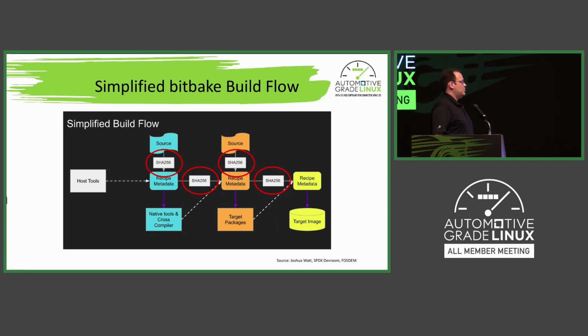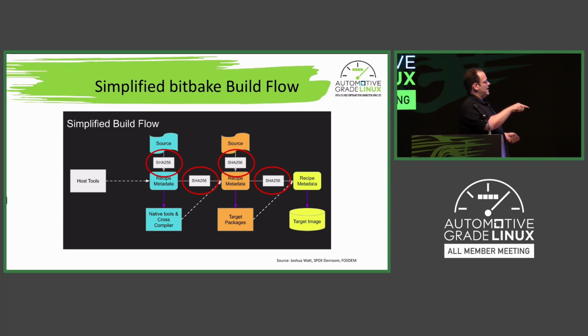Let's take a quick look at BitBake and how it does the build. In principle, we use a limited set of host tools. In the recipes, we define the sources, we define the options, and then we can create hashes over the sources. We know we use a tarball.